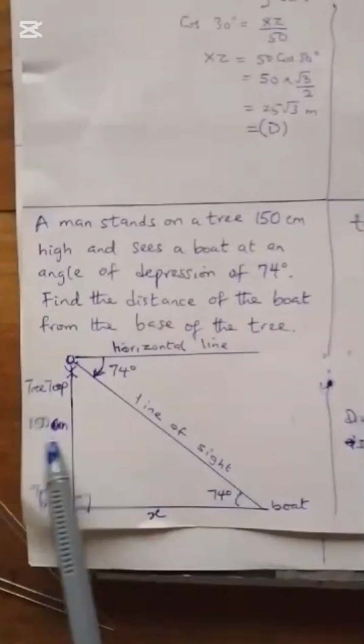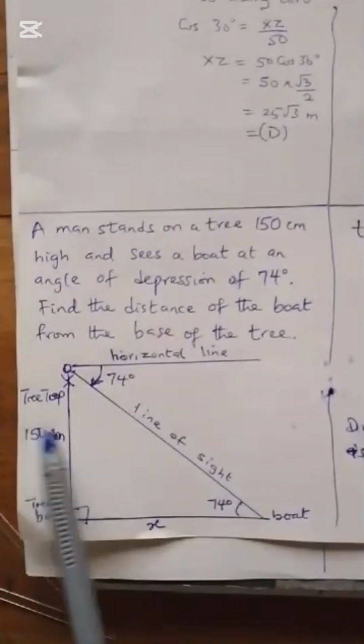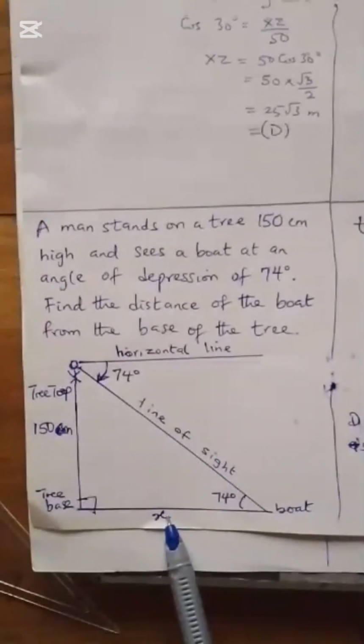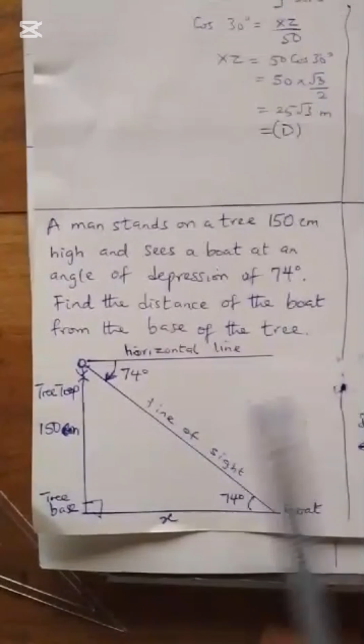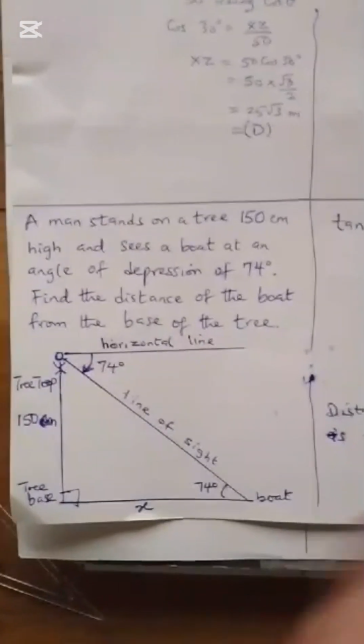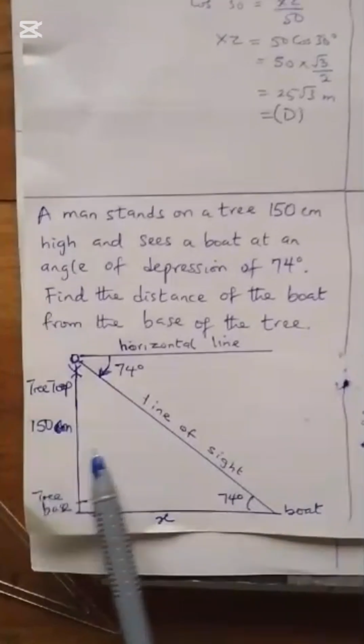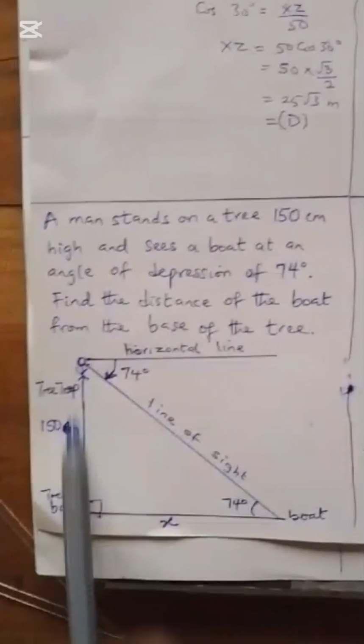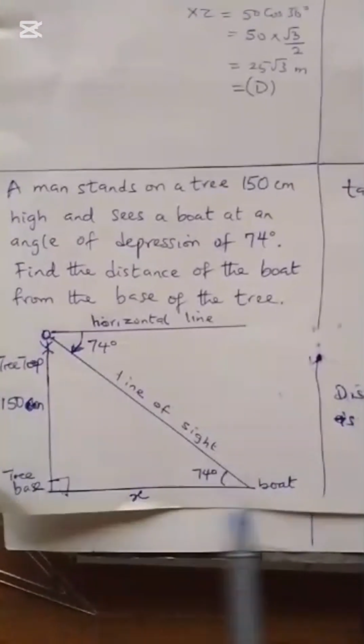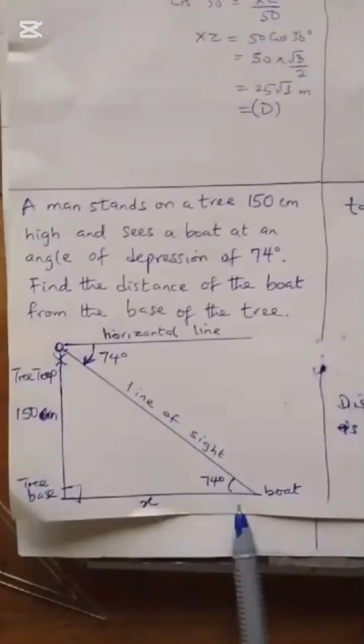So connect what you are given from the question, 150, and what you are looking for. Always use the trigonometric ratio, I mean SOH, CAH, TOA. Always choose the one that connects what you are given, in this case the opposite side, and what you are looking for, in this case the adjacent side.